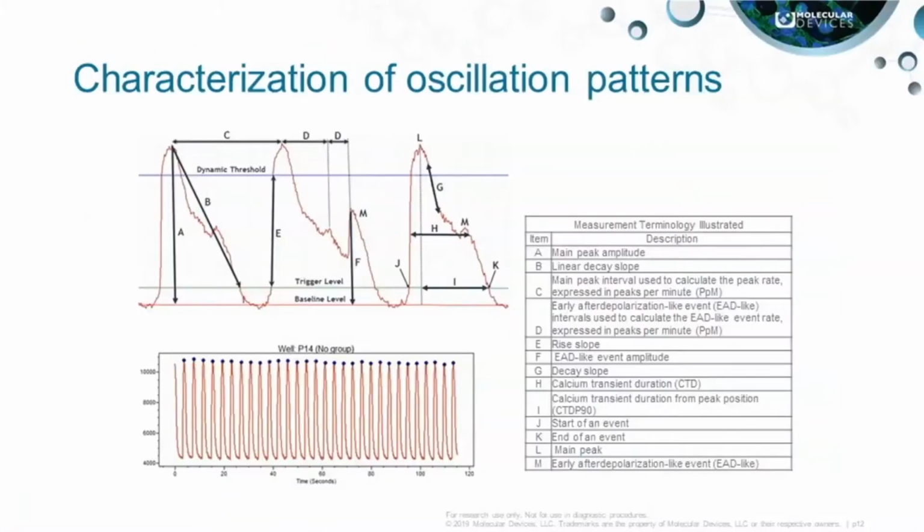This gives you the ability to capture the peaks, so you can look at peak rate or peak height. Also, if you have characteristic differences in how the oscillations are behaving, you can capture those. You can capture slopes, peak widths, heights, rates, all kinds of things.